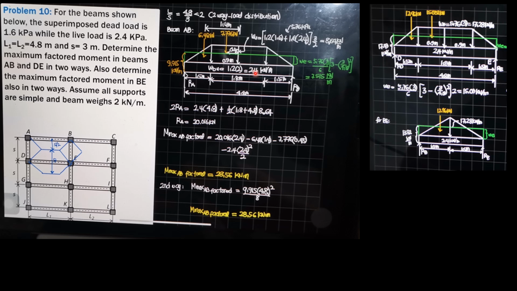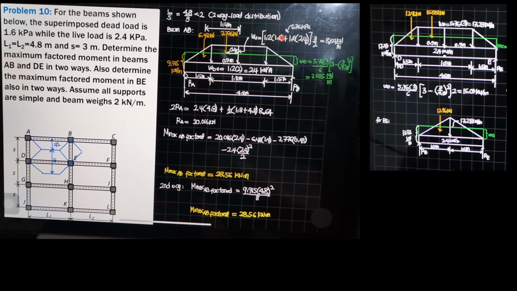So I'll discuss first the original loading distribution, which is this trapezoidal loading. Then the uniform loads, dead and live loads, to be placed on this trapezoidal floor is 1.2 times dead load 1.6 plus 1.6 load factor times live load 2.4.